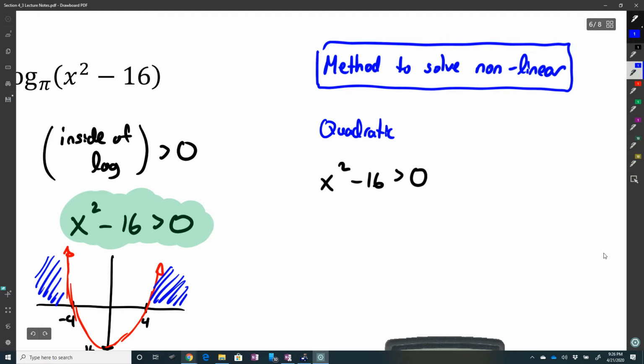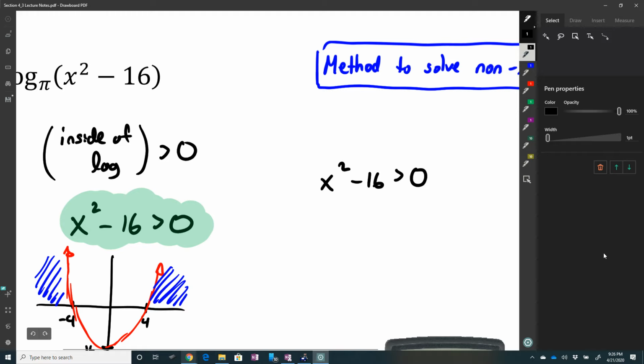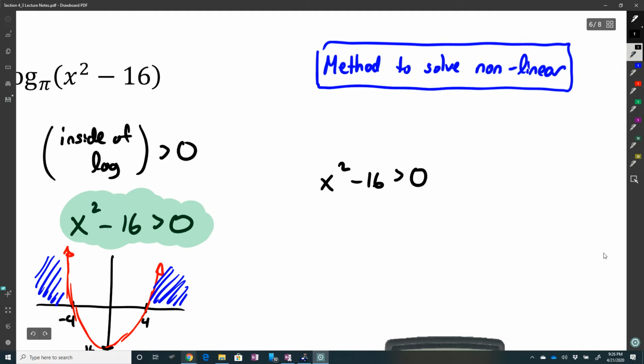okay, so in this case a quadratic, what you're going to do is you're going to set it equal to 0. You're going to solve.